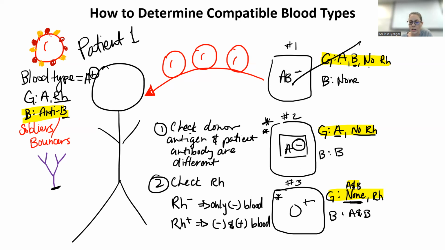The next thing we have to check is, remember, a positive. Oh, we have 2 positives. That's okay too. So that means this one is also a possible donor. Remember, if you have an Rh positive blood type, then you can get blood from both positive and negative blood types, okay? If you're still having a hard time with that, draw it out and the agglutination process so you understand.